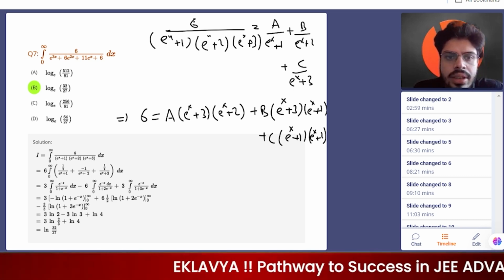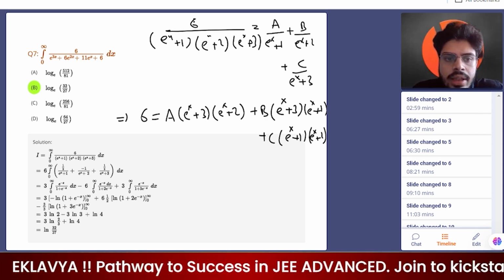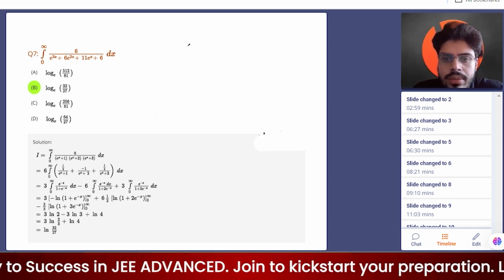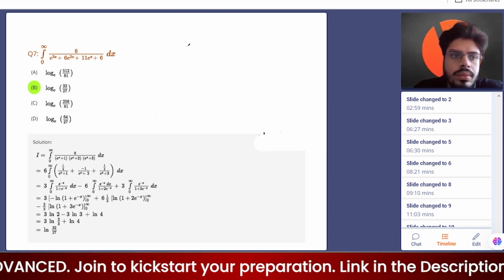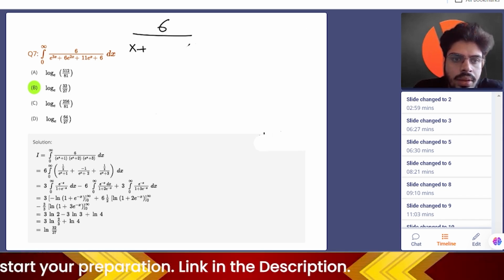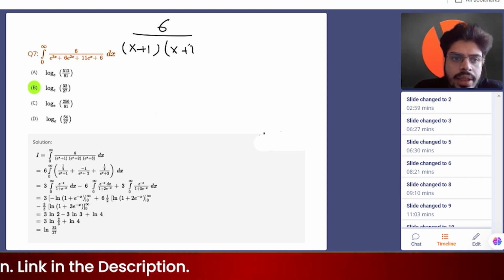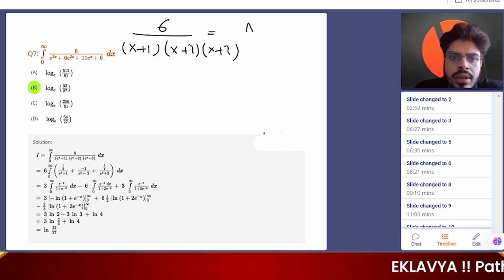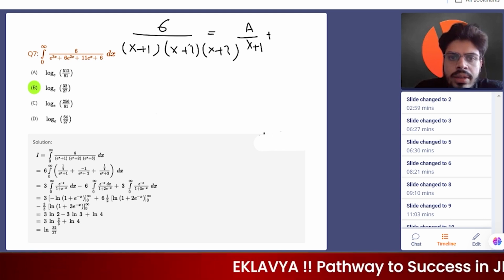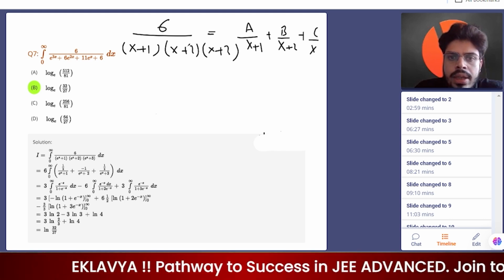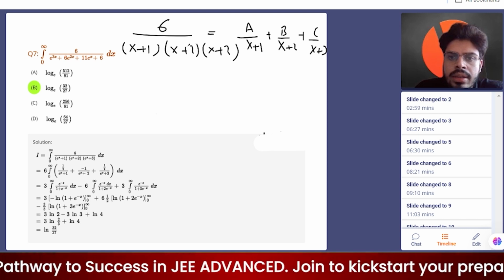Wait, one second. Let us do the partial fraction with x. I will take capital X: 6 by X plus 1, X plus 2, X plus 3, equal to a by X plus 1, b by X plus 2, and c by X plus 3.